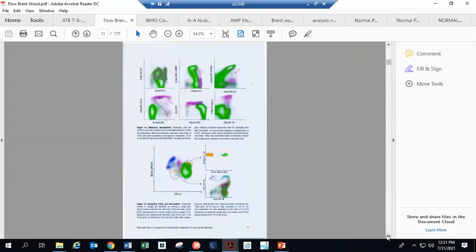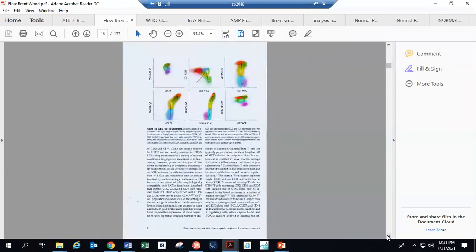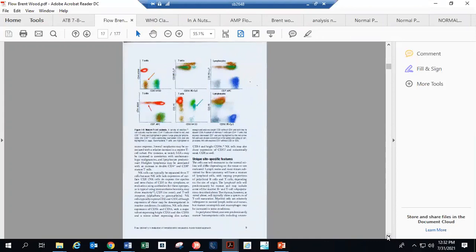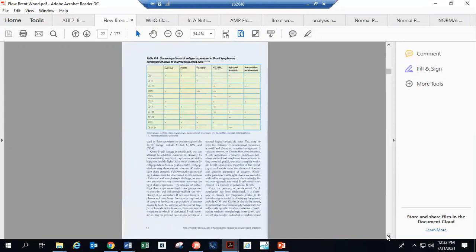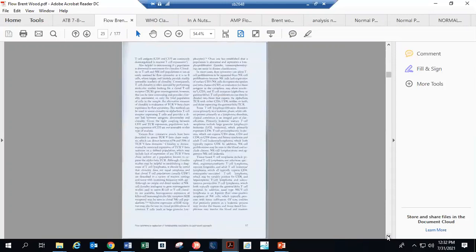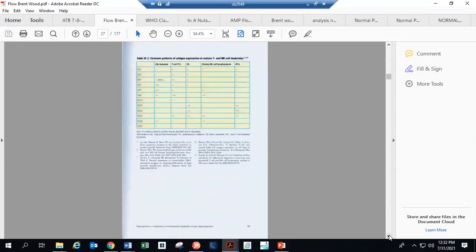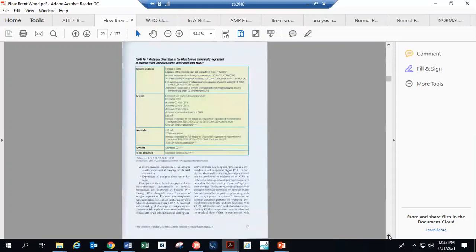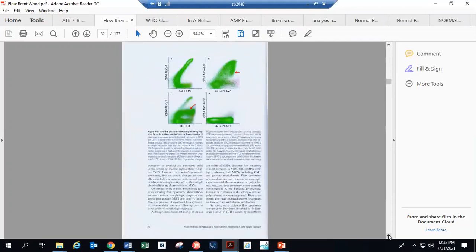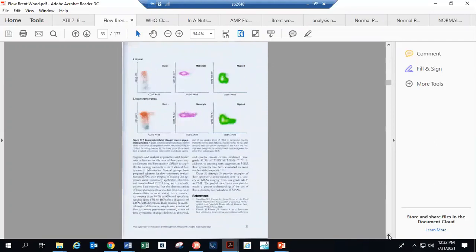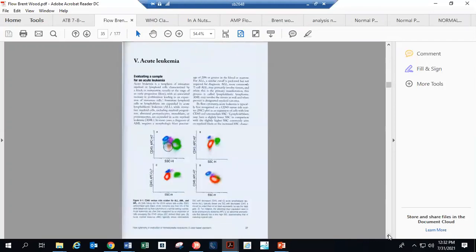The myelomonocytic gate, we have gone through in much more detail than this. T cell development and everything. Then they are going into T cell neoplasms. So let's skip these chapters because we don't have enough time, and plus it is more or less the same thing.